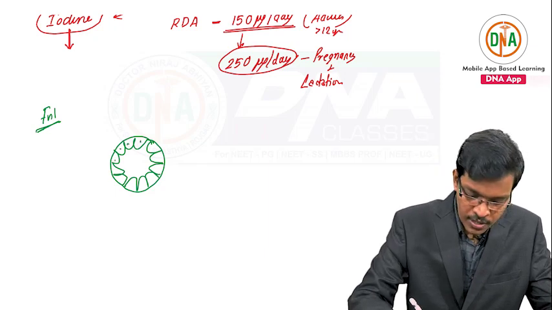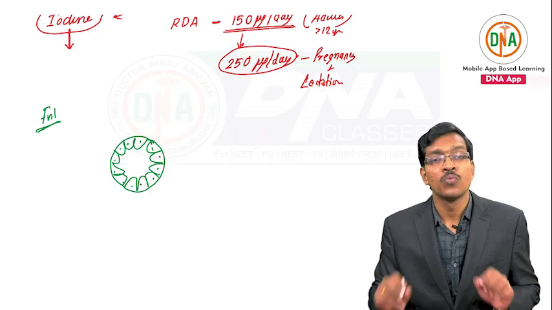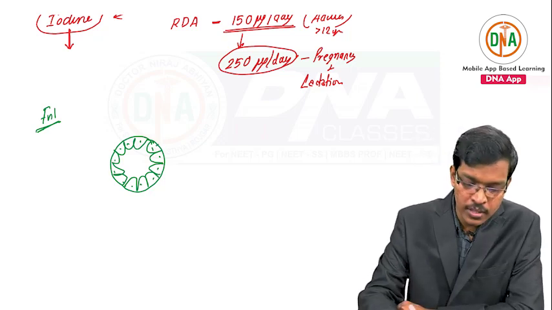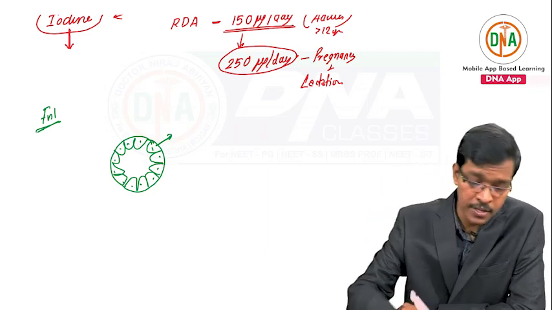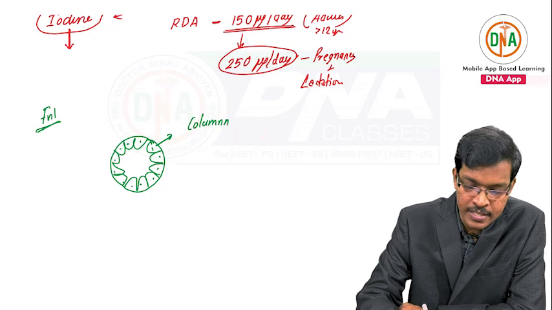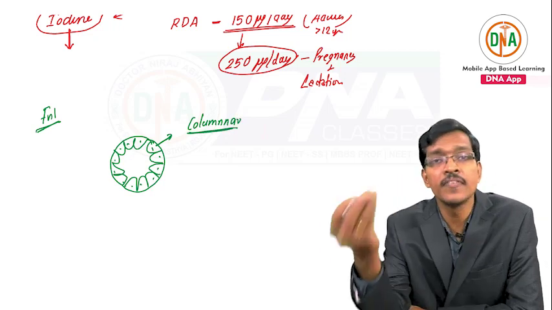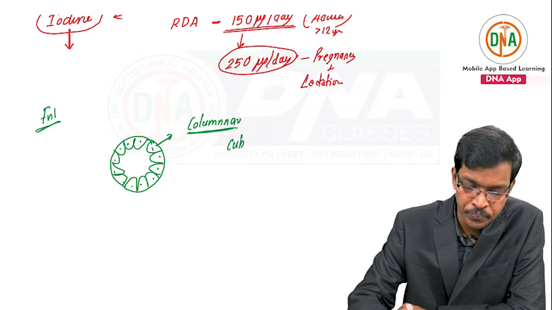So, the thyroid follicles are lined by what type of cells? The cell type depends upon the activity of the gland. If the gland is active, it is lined by columnar cells, and if the gland is silent or not actively involved in hormone synthesis, the cells will be cuboidal.